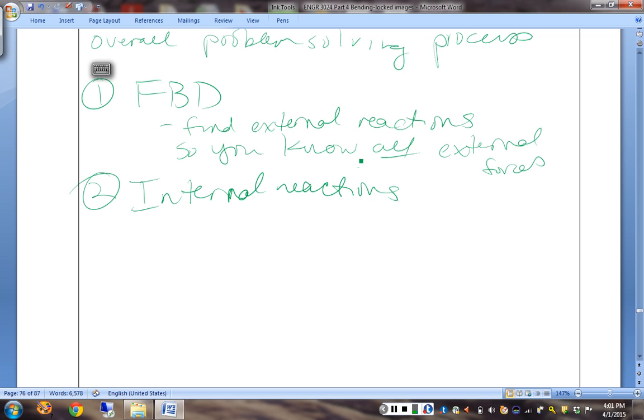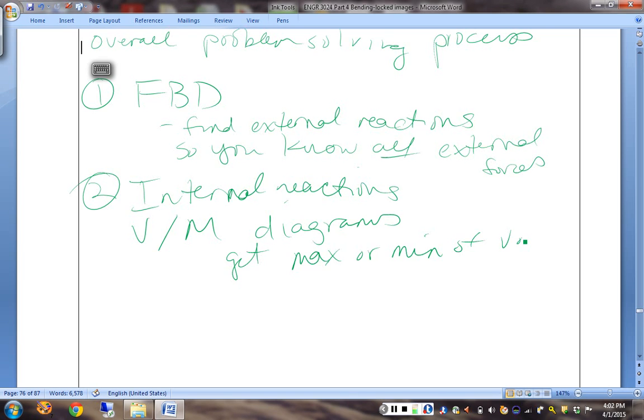The typical way we do that is shear moment diagrams. That gives us the internal shear resultant and the internal bending moment as a function of x, so we can see where our worst case scenarios are. So get max or min of V or M. We see the failure point in x along the beam.